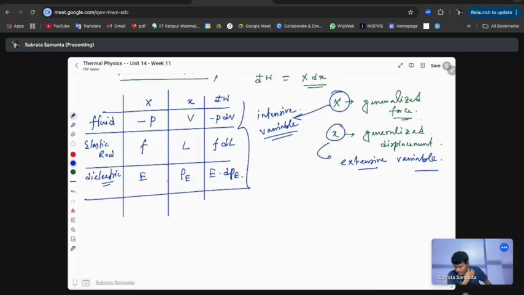And for a magnetic system, it is the magnetization M and the field B, so it's basically BdM. So that is basically for general systems.